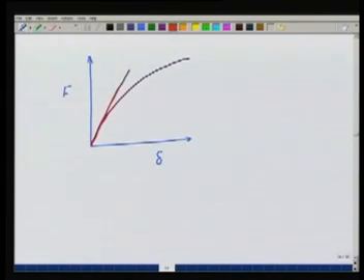When you have the initial guess, it starts with a tangent at this point, at x equal to 0. So let us say the load value that we want to go up to is this. So it goes up to this solution, gives me this. This is my delta 1.